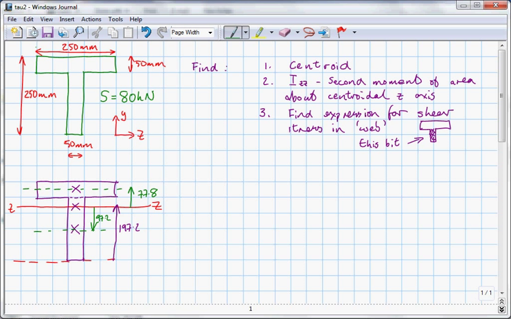So probably the best way to demonstrate it is just to show how each of those terms is built up.